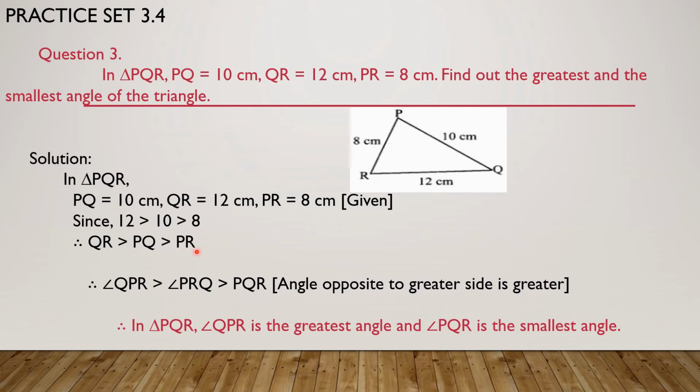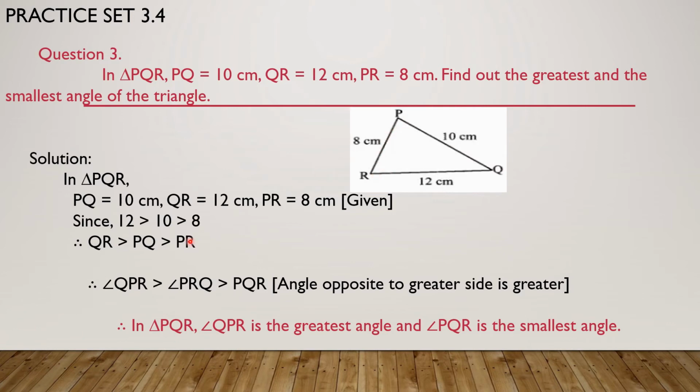And by the property of inequalities of sides and angles of a triangle, the angle opposite to the greater side is greater. In this figure, QR, which is 12 centimeters, is the greater side. Therefore, its opposite angle, that is angle QPR, is the greater angle.